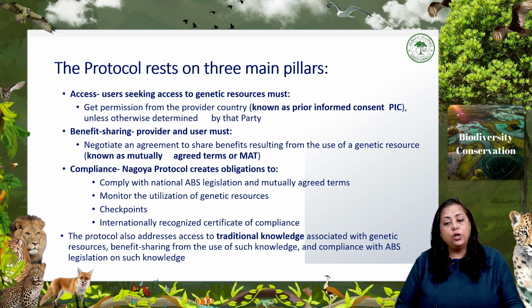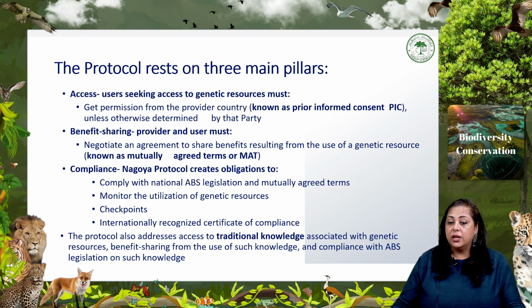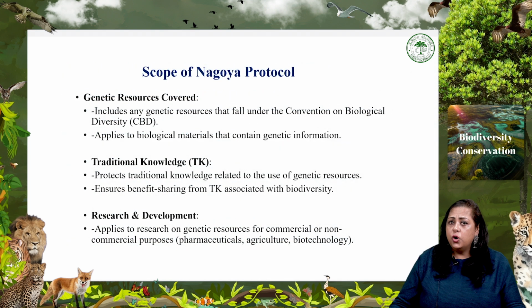So this protocol also addresses access to traditional knowledge associated with genetic resources, benefit sharing from the use of such knowledge, and compliance with ABS legislation on such knowledge. The scope of the Nagoya Protocol: genetic resources covered include any genetic resources that fall under the Convention on Biological Diversity, that is, biological material that contains genetic information. Traditional knowledge: protect traditional knowledge related to the use of genetic resources.